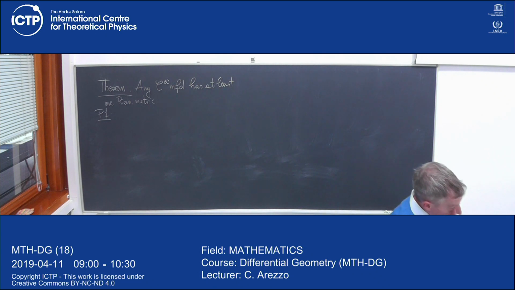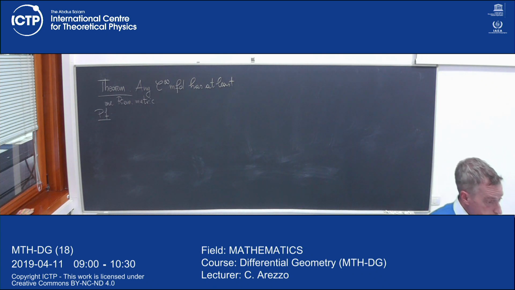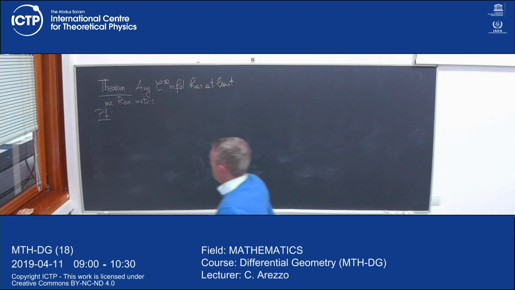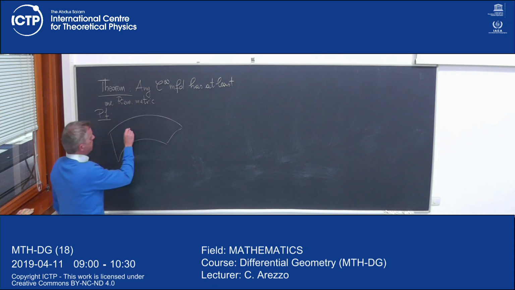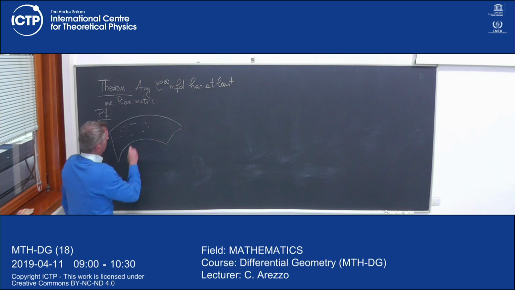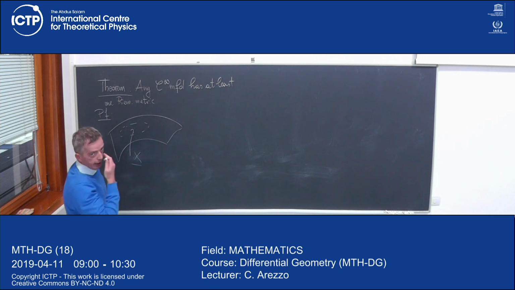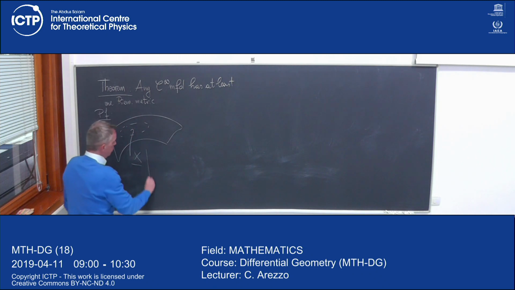But having a metric is a mixture of local and global. Because if I pick my manifold, and if I pick a chart, since this chart comes from Rn, by example 1, in fact, I could use example 1.